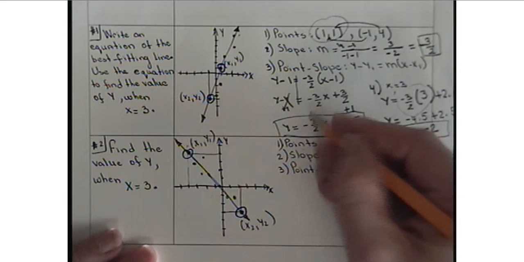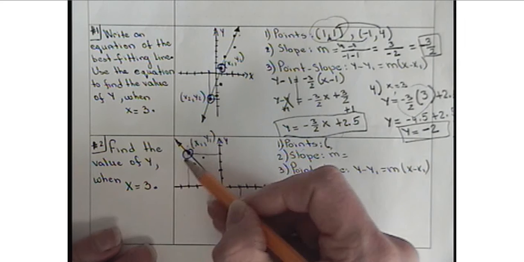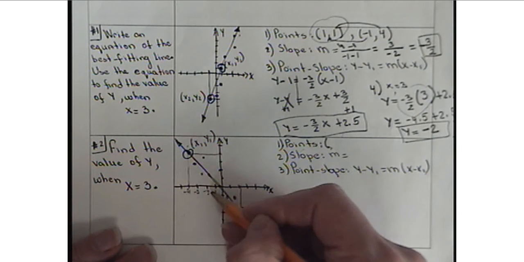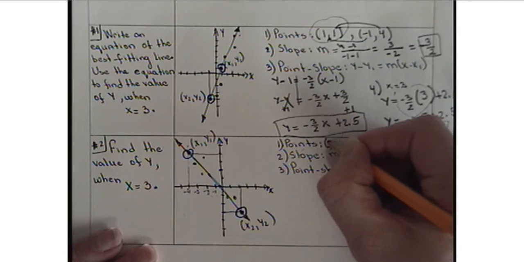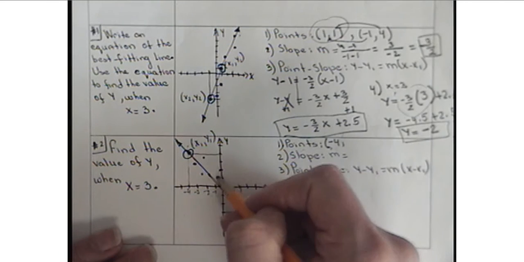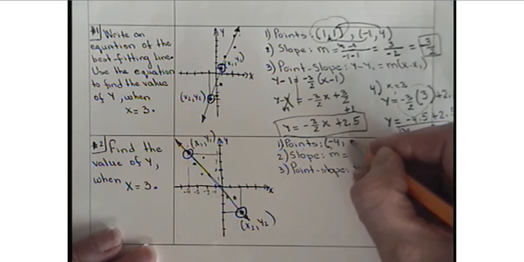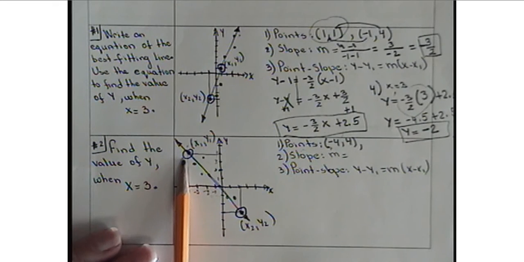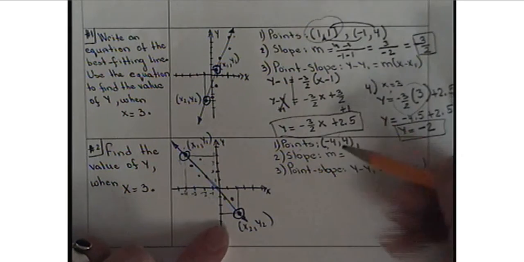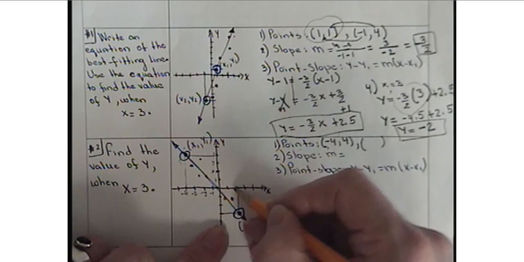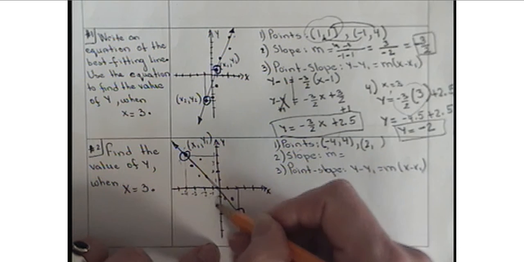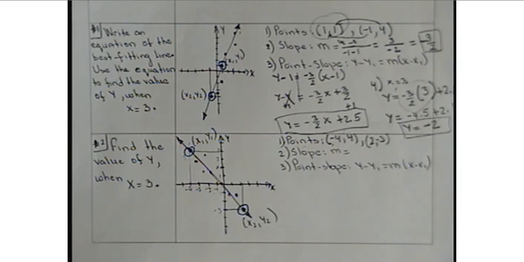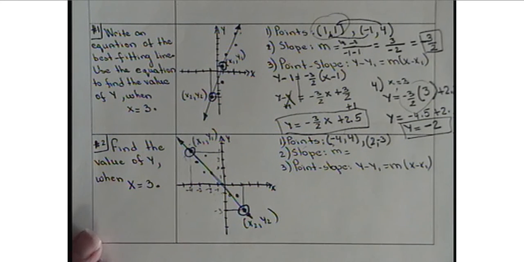So first point, we have 1, 2, 3, 4, those are negative values. So negative 4 for x, and then we have 1, 2, 3, 4, positive 4 for y. That will be the coordinates for the first point. Second point has coordinates of 2 for x and 1, 2, 3, negative 3 for y. So I have my points written down.